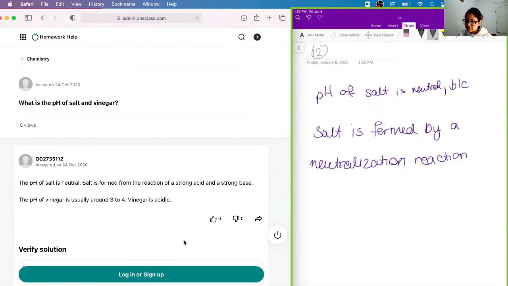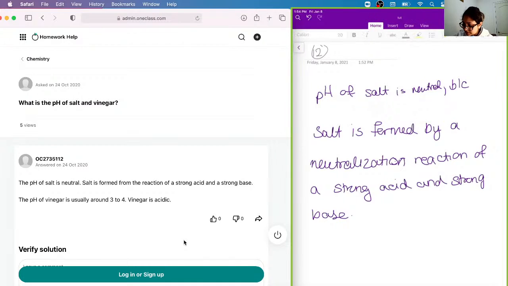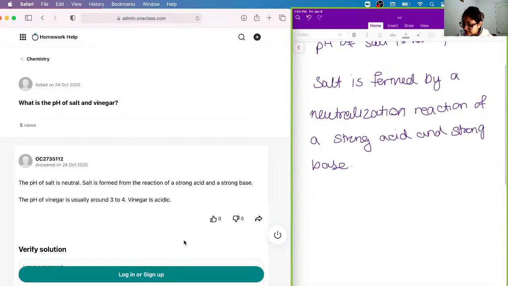And so when you're reacting a strong acid and a strong base, it would give you a neutral compound, with a pH of basically neutral or close to 7.